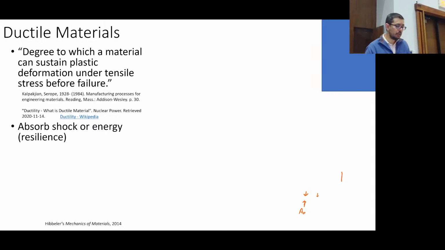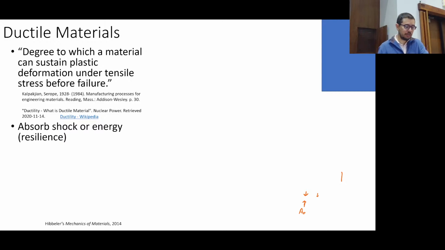Ductility. This is the degree to which a material can sustain plastic deformation under tensile stress before failure. That's a fancy way of saying, how far over does that stress strain curve go before you fracture?